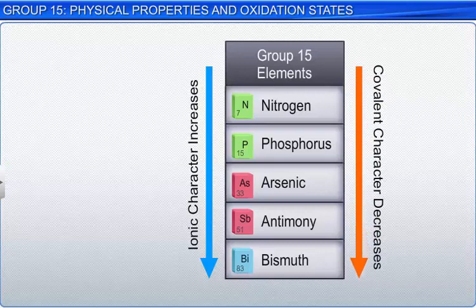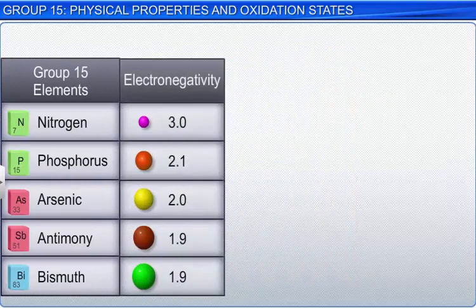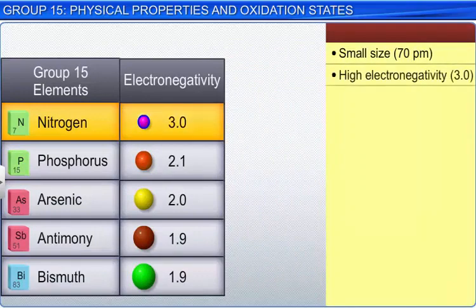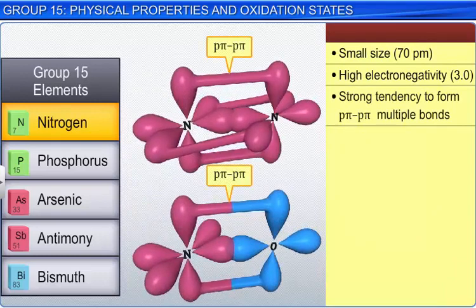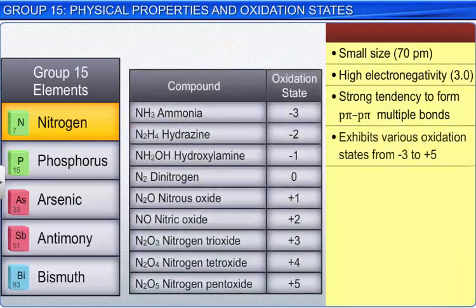Talking again about nitrogen, because of its smaller size, high electronegativity, and strong tendency to form p-pi multiple bonds, it exhibits various oxidation states from -3 to +5.